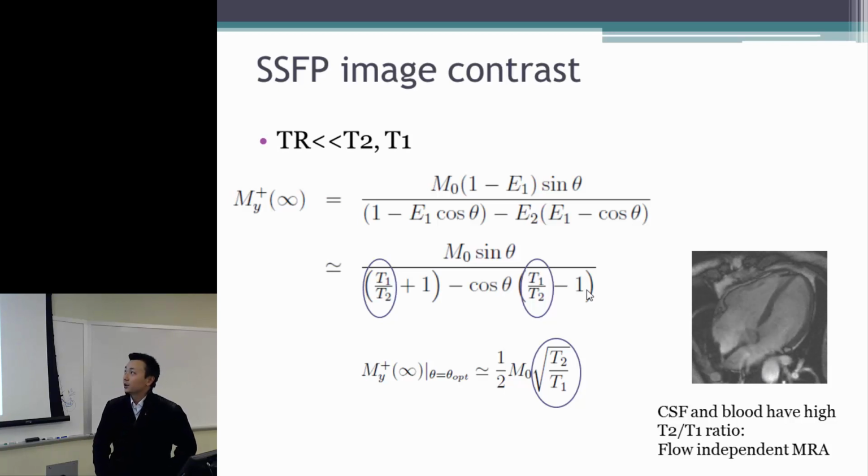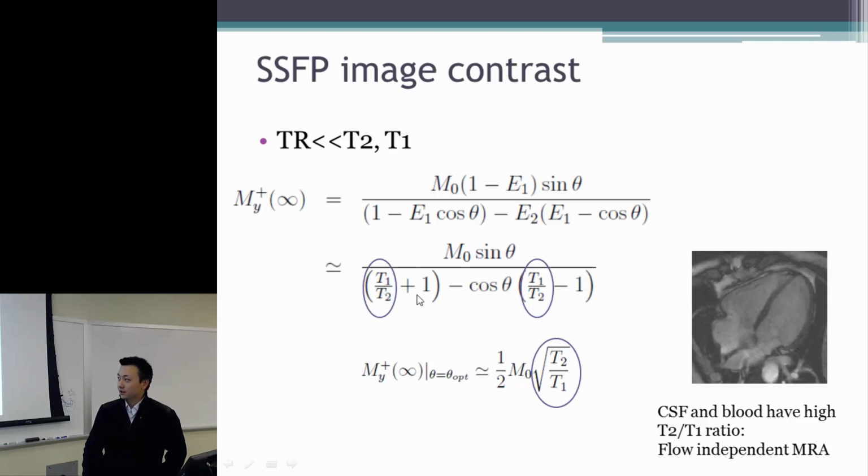Okay, so the next part is let's see about the image contrast that we can get from the SSFP. If we have a very small TR, which is much smaller than T2 and T1, from the equation that we saw before, we can finally come up with this expression. We can see that it's basically T2 over T1, because T1 over T2 is now in the denominator.